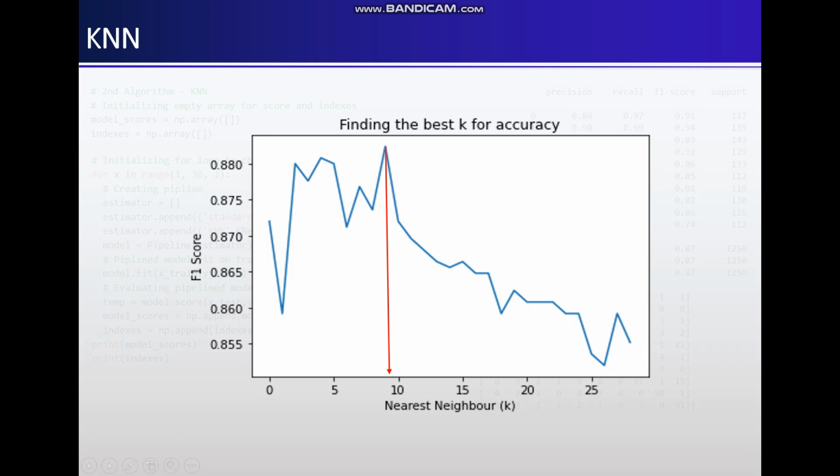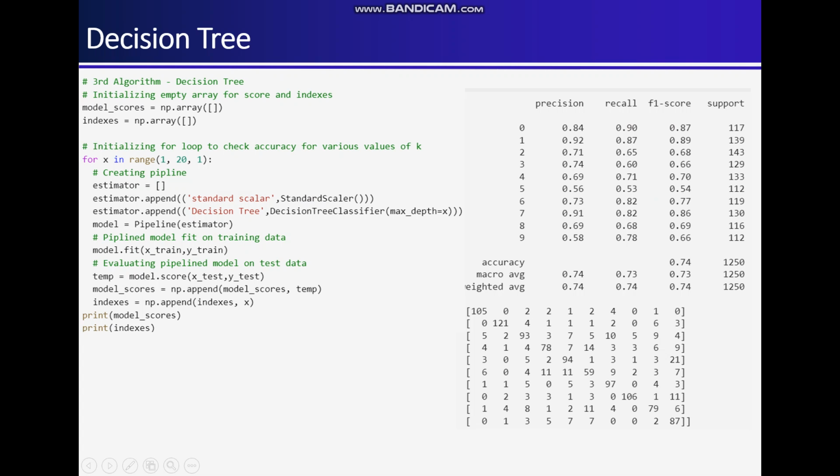Next is the decision trees, in which again the pipeline based architecture, and over here the hyperparameter is the maximum depth, and I'm changing value of x from 1 to 20.